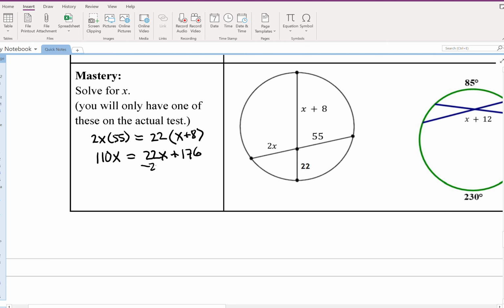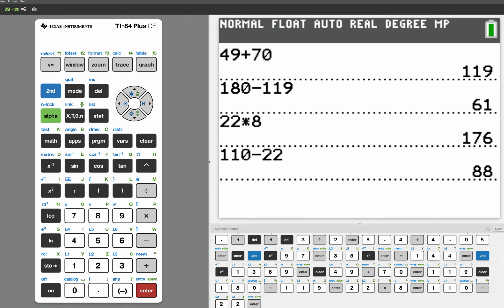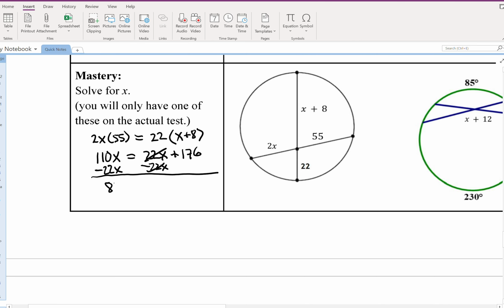And then if I subtract 22x from both sides so I can get my x's together, 110 minus 22 equals 88. So 88x is equal to 176, divide by 88, x equals 176 divided by 88, which is 2. So x equals 2.